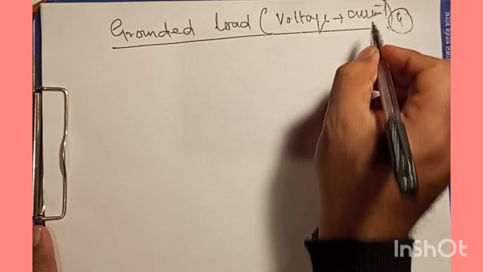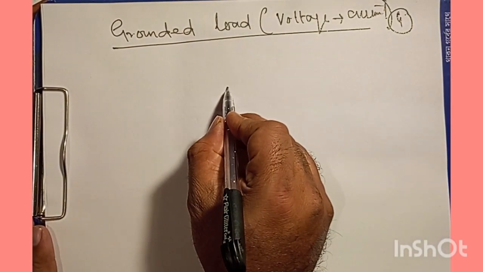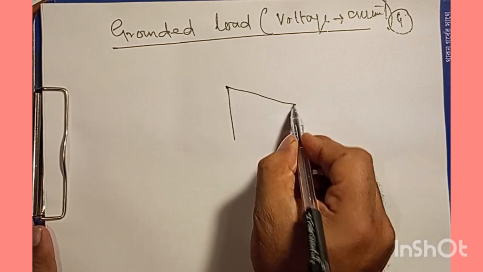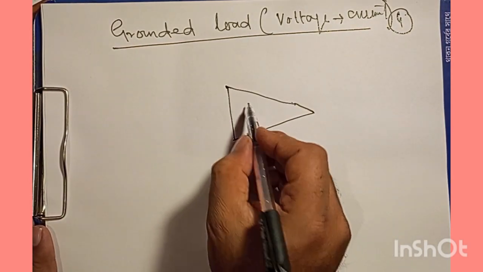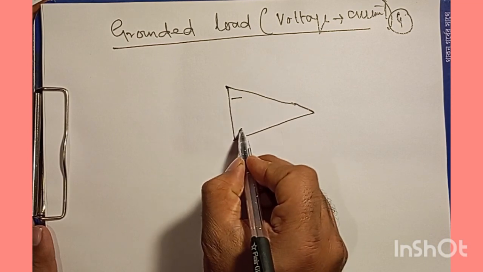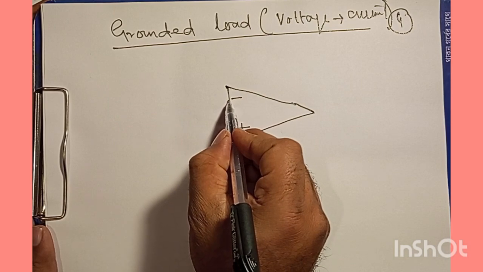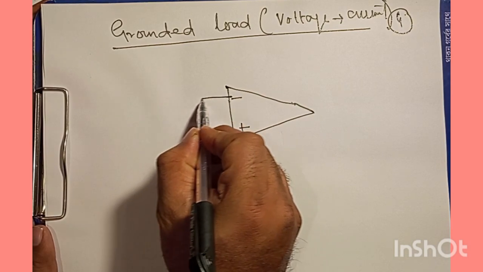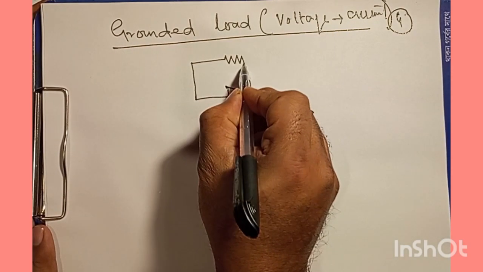For this we have a stipulated circuit, and let me try to draw that circuit. This is our operational amplifier, and this is the non-inverting terminal, and from here we have a situation like this.